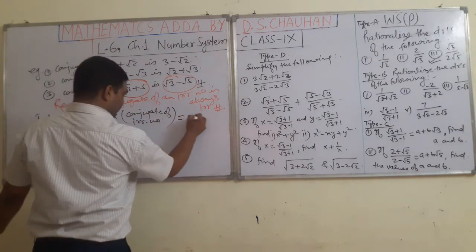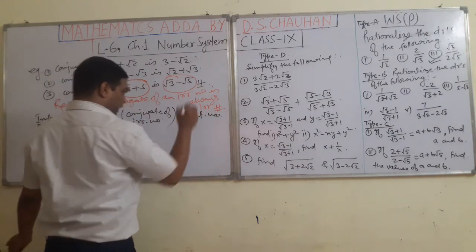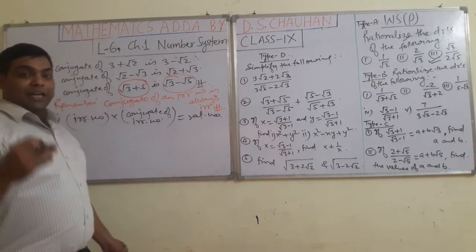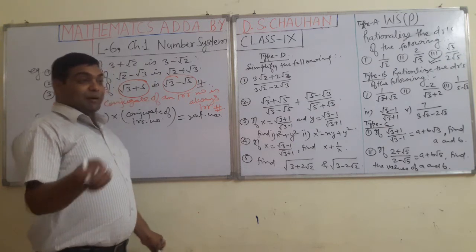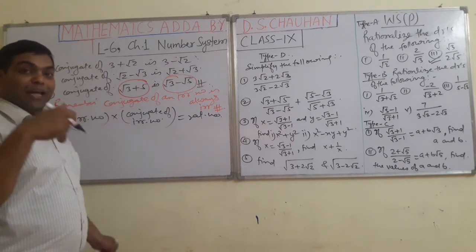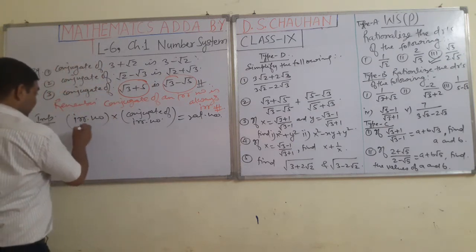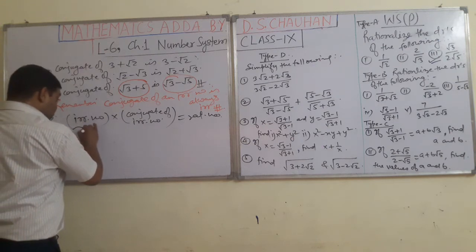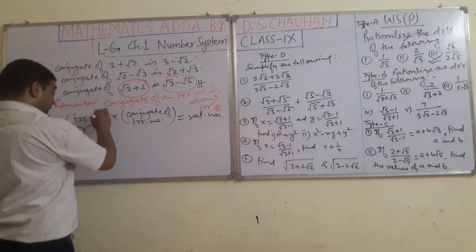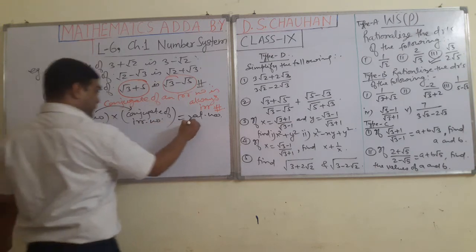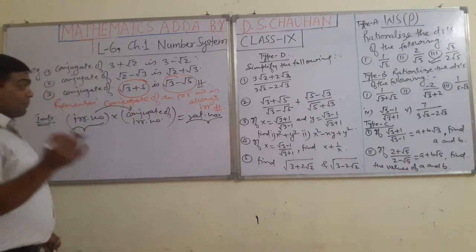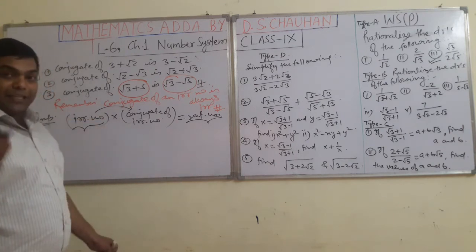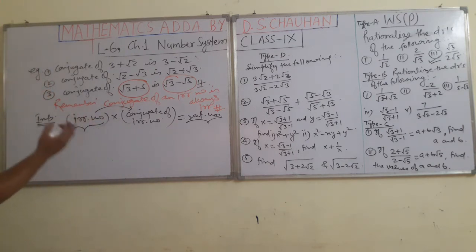So this will be a rational number. And students, our main topic is rationalization of the denominators, meaning we have to make it rational. And here, if we multiply a given irrational number by its conjugate, very easily we are getting a rational number. It means our work is going to be complete with the help of the conjugate of a given irrational number.